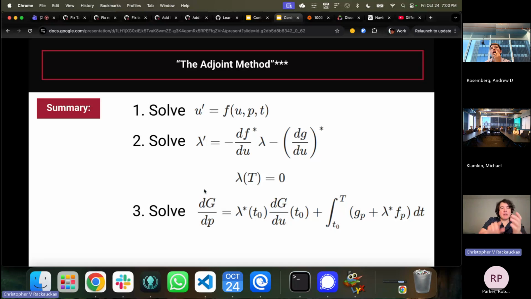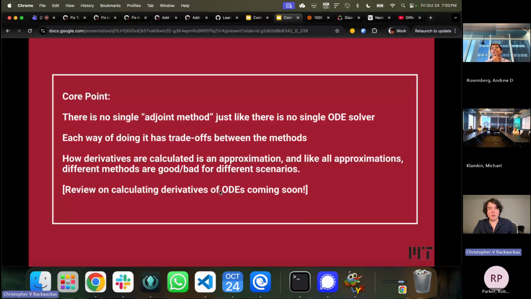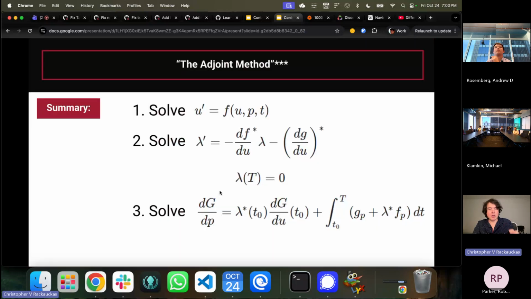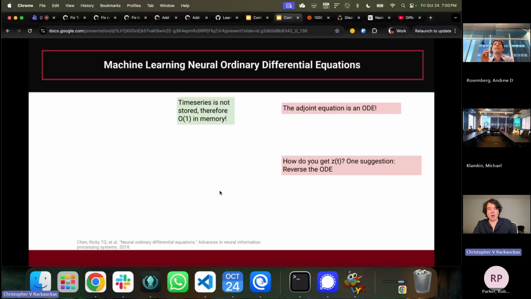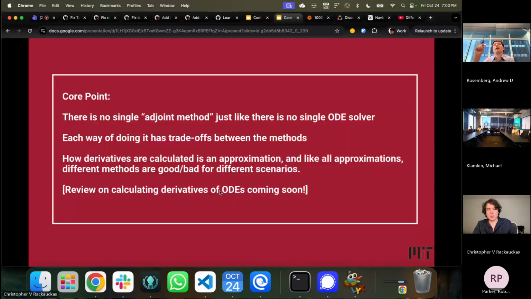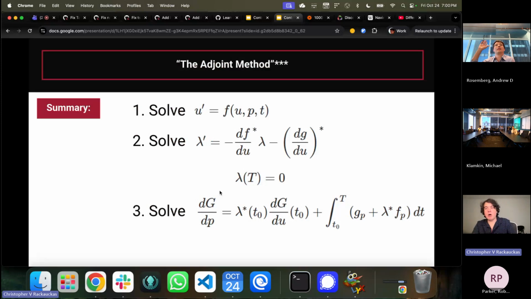And so you have this funny thing where the way to calculate the derivative of an ODE solver is: first you solve your ODE, and you solve this other ODE going backwards. Basically, you use the solution of this ODE going backwards to tell you what the derivative is. There's a lot of other things that end up in here, and I don't want to go into copious amounts of detail because it would take me forever.